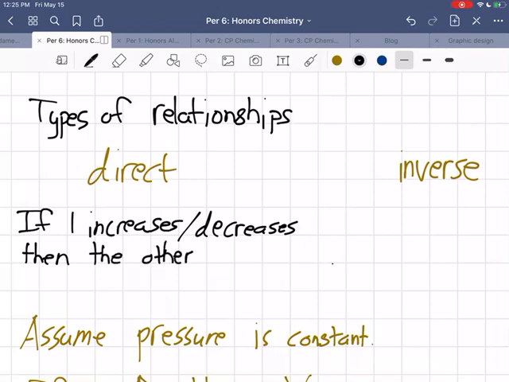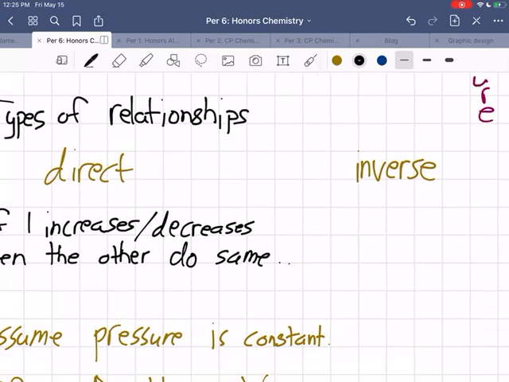Let me put that a little bit clearer this time. In a direct relationship, if the first variable is increased, the second variable will also increase. If the first variable, however, was decreased, then the second variable is also going to decrease. In a direct relationship, they do the same thing.